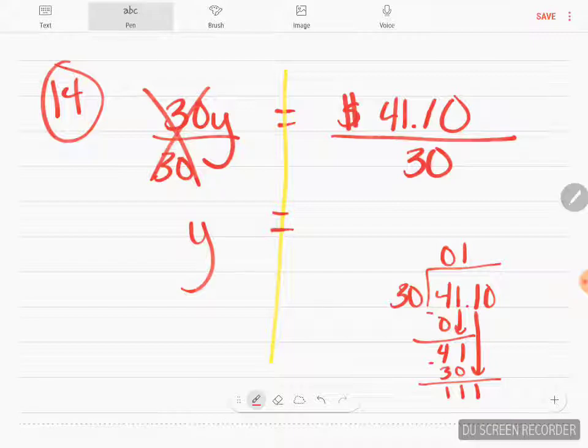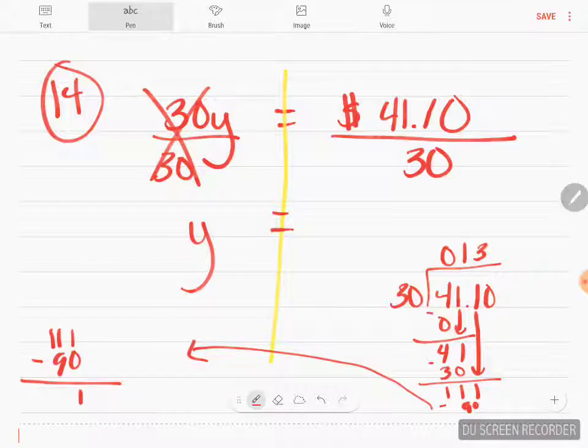Well, I know 3 times 3 is 9, 4 times 3 is 12, so that goes over, so it can only be 3. All right, that gives me 90. You guys, I'm going to move my work over here. All right, and then I got to bring down that 0.